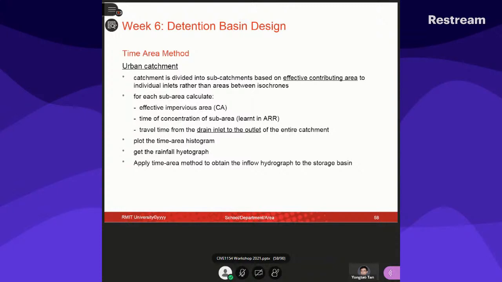One is the inflow hydrograph, one is the outflow hydrograph. With these two hydrographs, we can determine the size of the detention basin, and also check whether the peak outflow is lower than the pre-development flow rate.